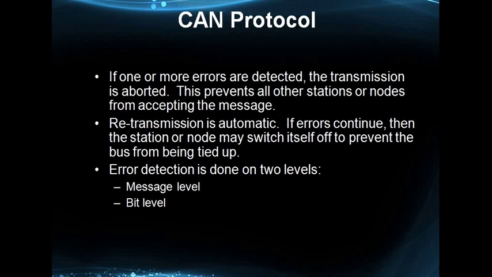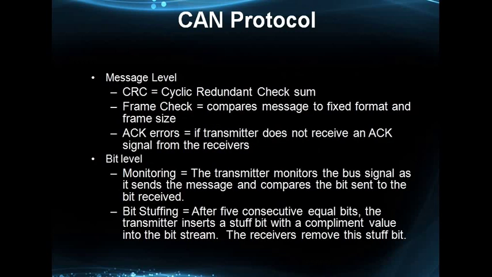At a broader level, there are two levels of errors detected: one at the message level, another at the bit level. At the message level, looking at the data frame format we have just seen, there are different types of errors detected, like the CRC error.